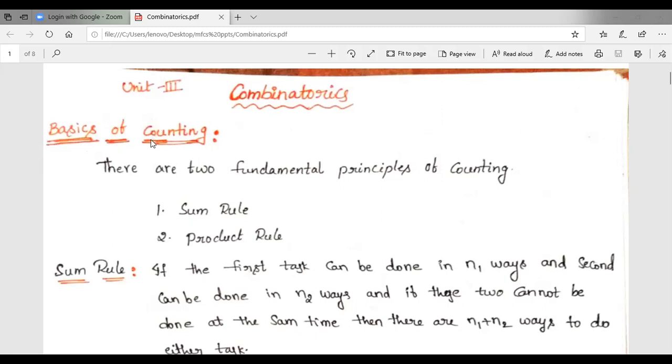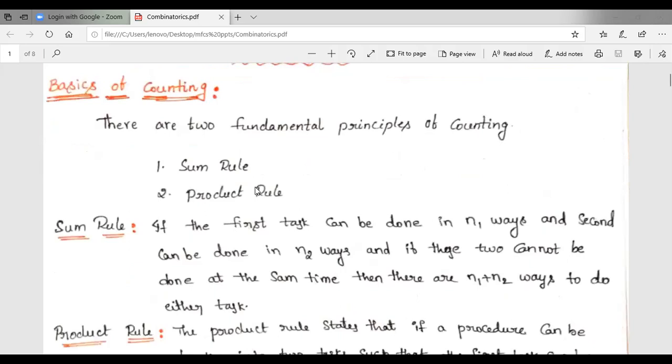There are two fundamental principles of counting. First one, sum rule. Second one, product rule.